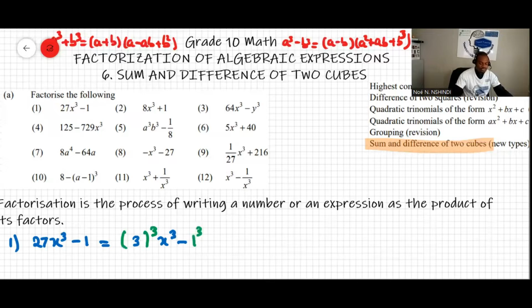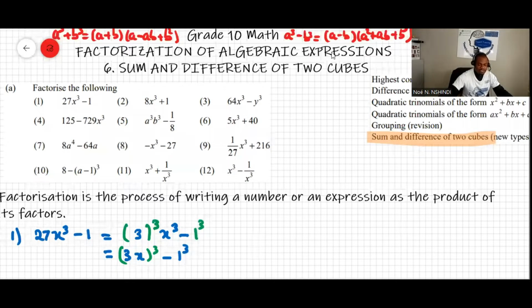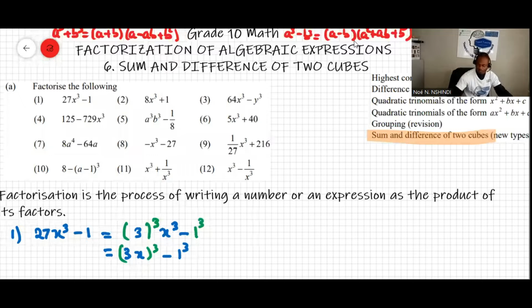Because the power of 3 is common, we can write this as 3x to the power of 3 minus 1 to the power of 3. And then we can apply the difference of two cubes formula there. Our a is 3x, and our b is just 1, not negative 1, but 1. And then I can apply the difference of two cubes.